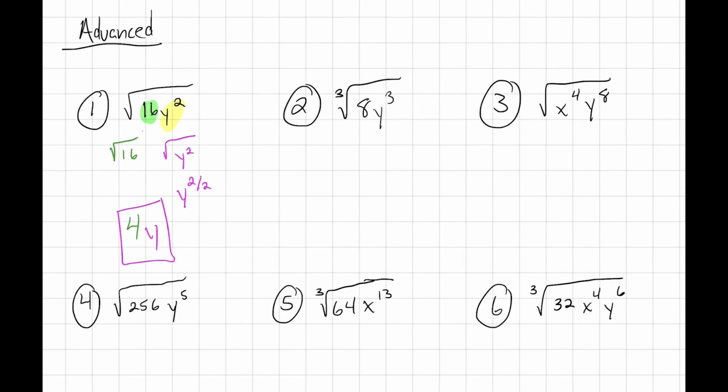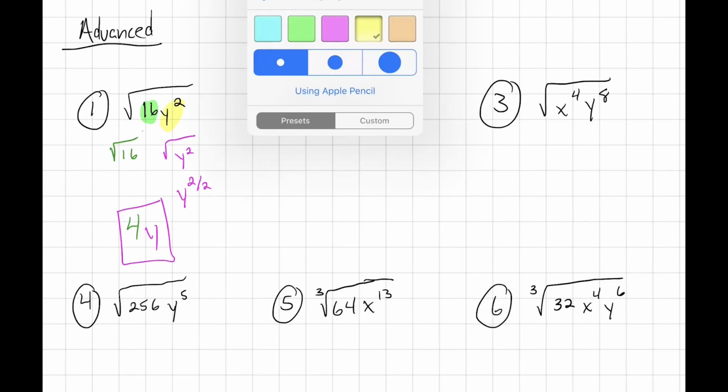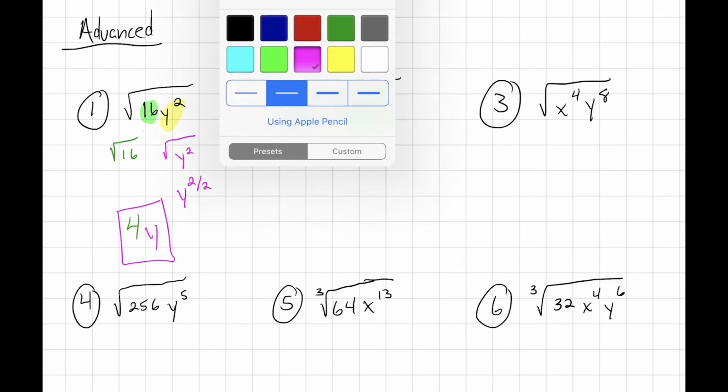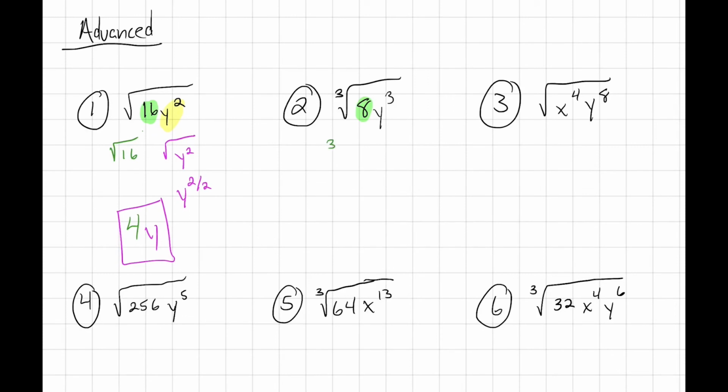All right, let's see how that works on 2 and 3. Starting in problem 2 here, we have the cubed root of 8 as a place to start. I know that the cubed root of 8 is 2.